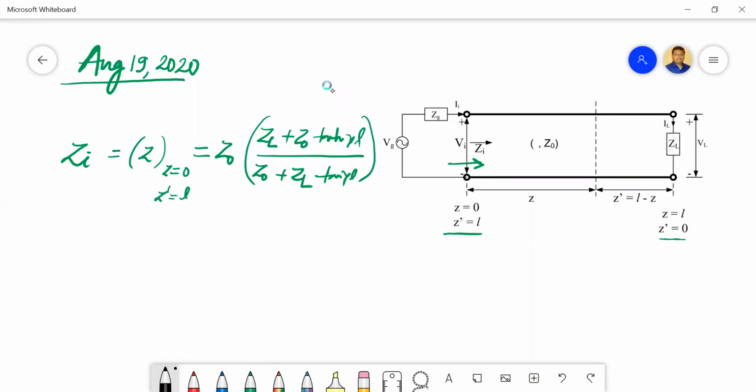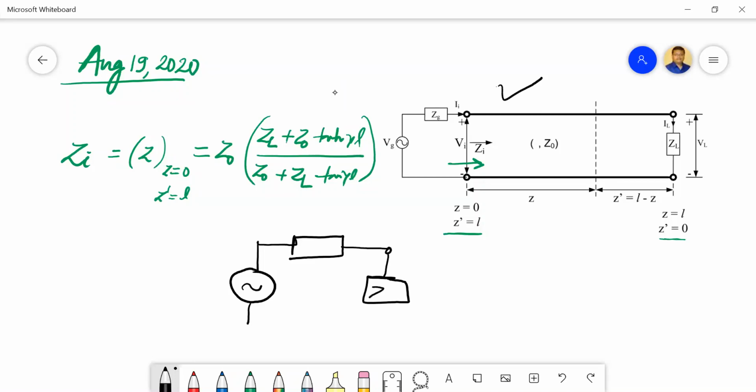Now, with the input impedance, this whole circuit can be made into a compact, equivalent form like this. This is Zi. Once you have the input impedance, you can arrange it like this; it is not a big deal.